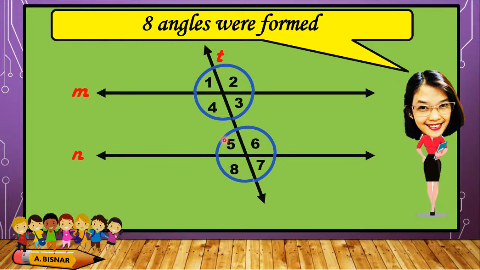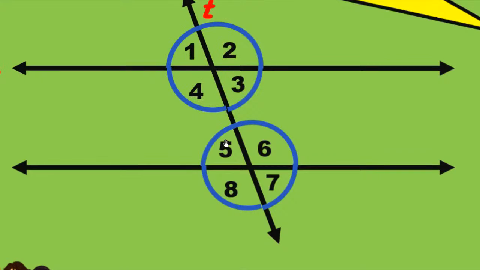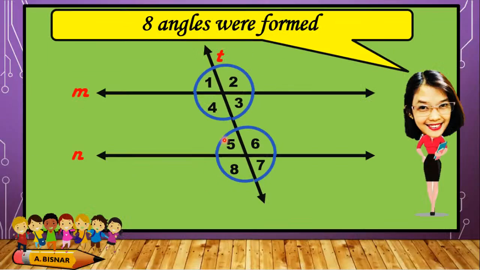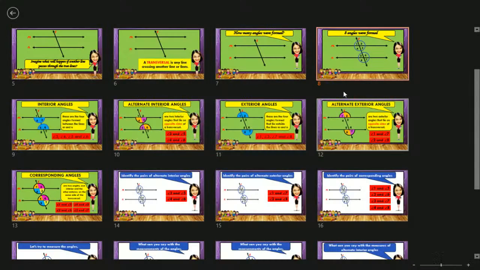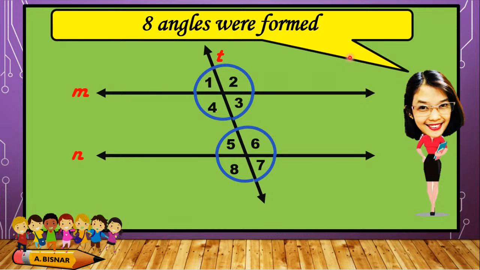So, as you observe, when a transversal passes through line M and N, angles were formed. And how many angles were formed? There were 8 angles formed.